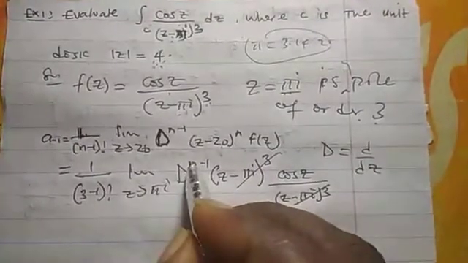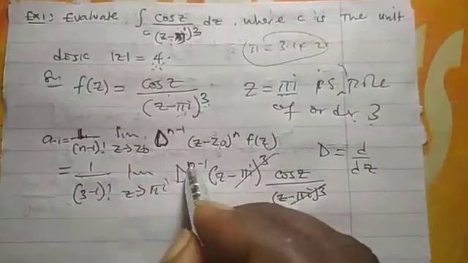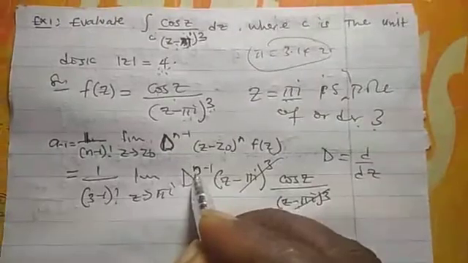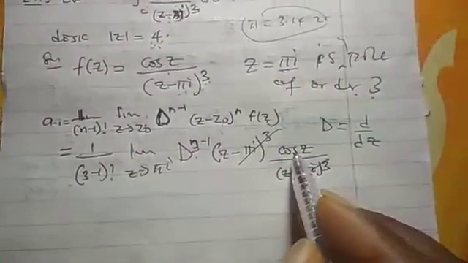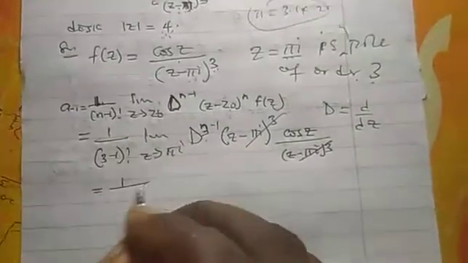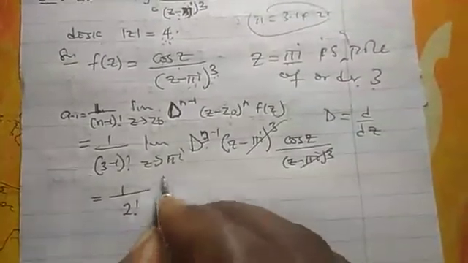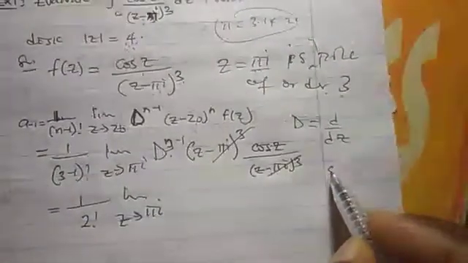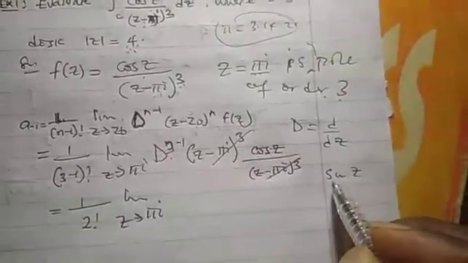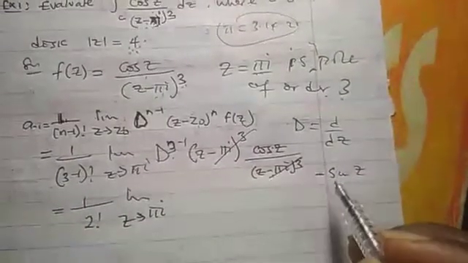Now n minus 1, n is 3, so 3 minus 1 is 2. This simply means that I should differentiate cos z twice. So this will be 2 factorial, limit of z tends to pi i. If I differentiate cos z once, it will give me minus sin z.